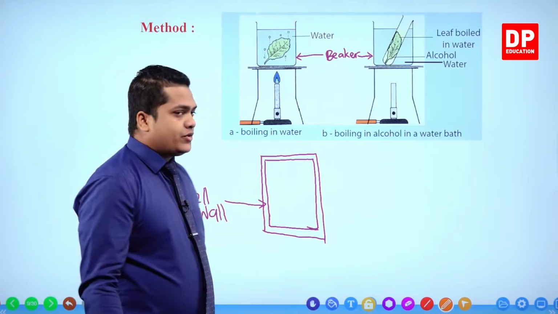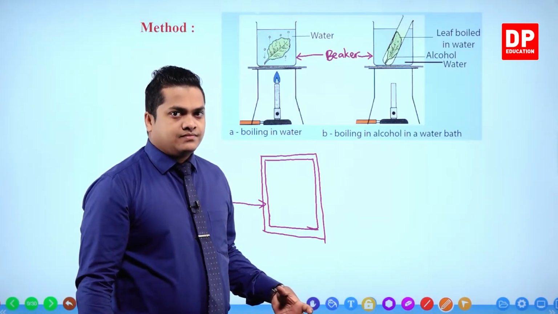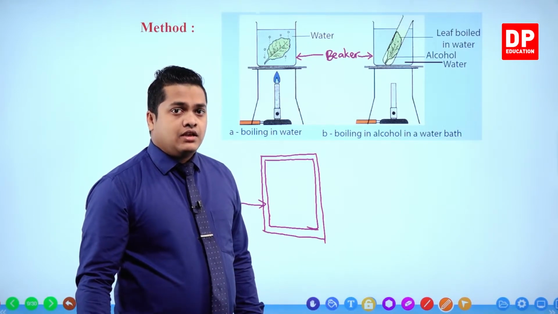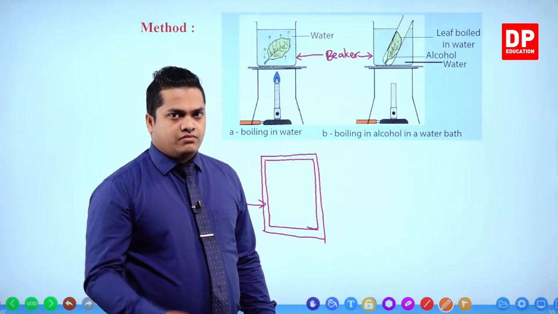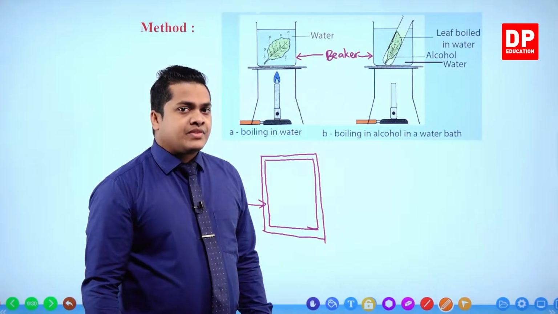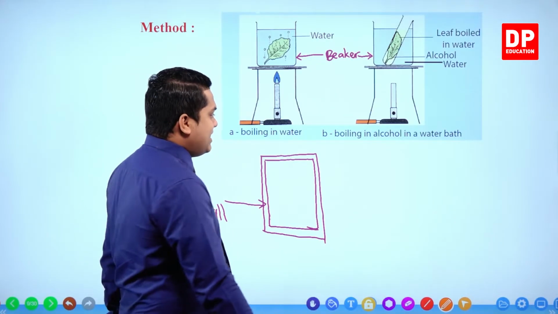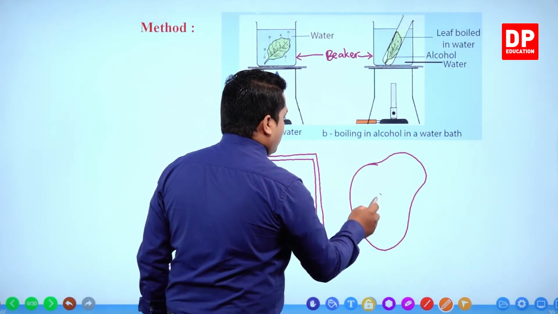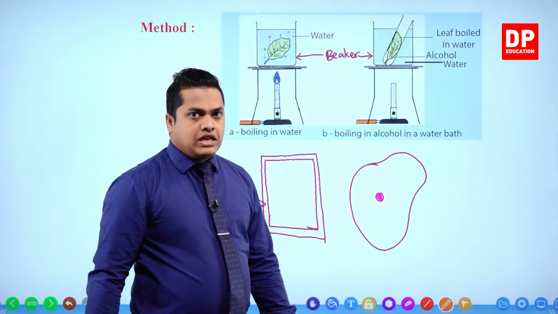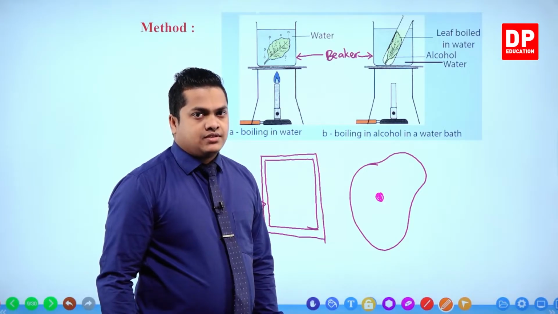The cell wall gives special protection to the plant leaf cells, and not only in leaves but in each and every plant cell. Most of the cells in a plant have a cell wall. But in an animal cell, you can't observe a cell wall. The animal cell is like this. There is no cell wall in animal cells.